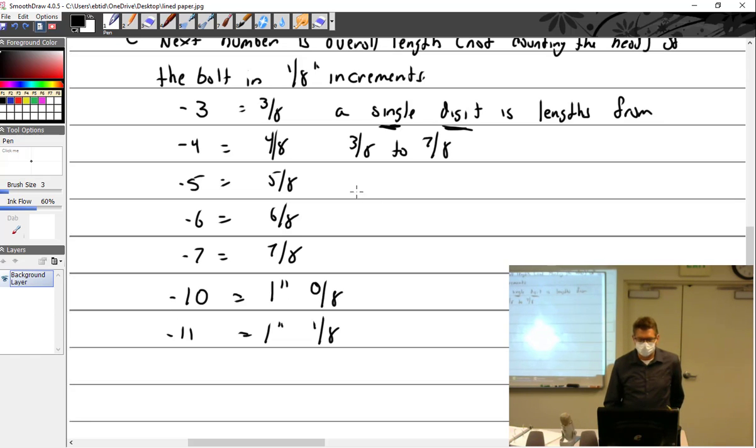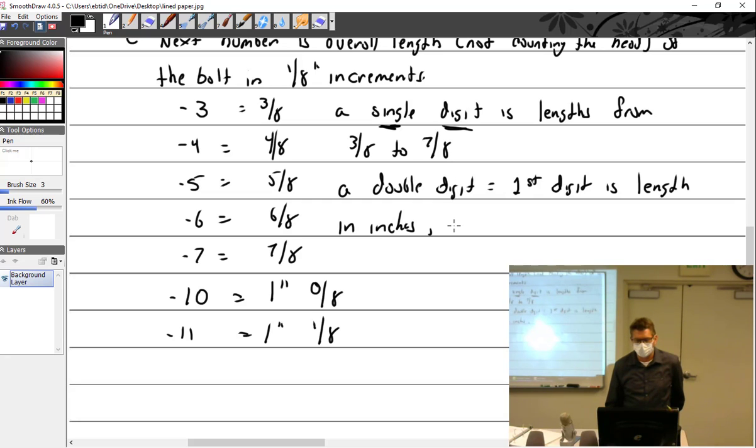So a double digit: the first digit is length in inches, and the second digit is length in eighths.